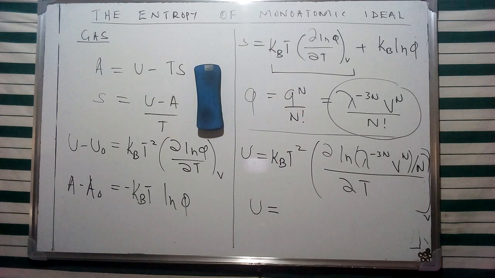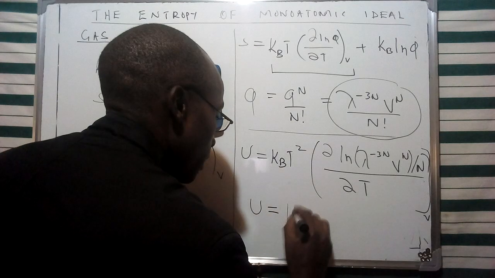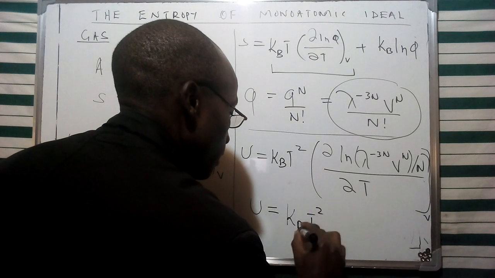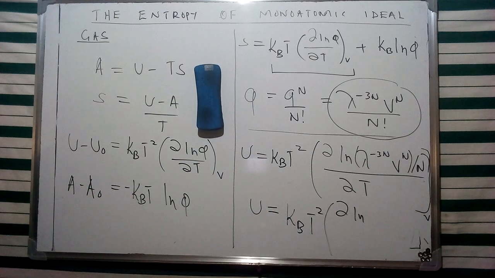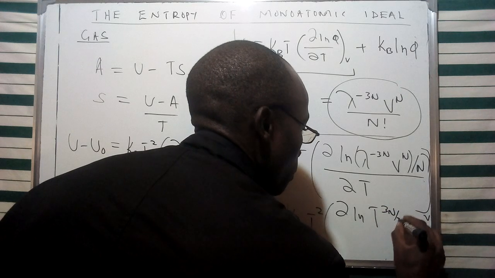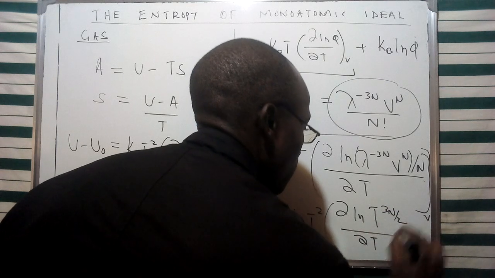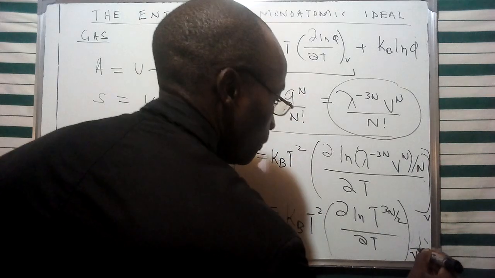I'm giving this point in terms of a summary. So we're going to have this particular internal energy given in terms of that one, and the partial derivative of the natural log of T to the 3n over 2, all over the partial derivative with respect to T, under constant volume.